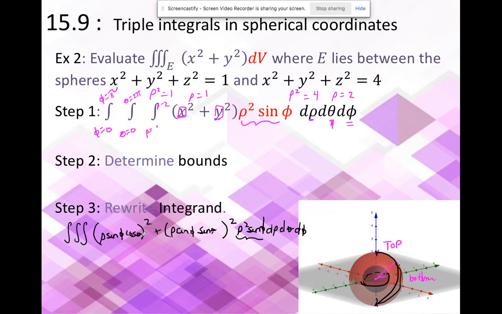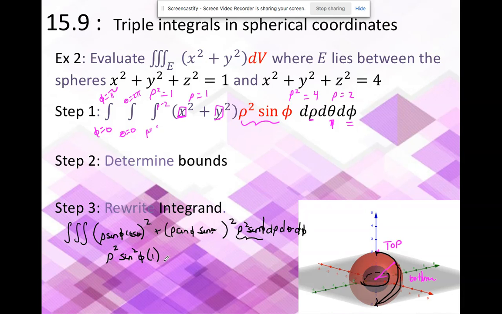Now, when I do the algebra, hopefully you can see you're going to get a sine squared and cosine squared. So I'm going to end up with a rho squared sine squared of phi times a 1. That comes from my cosine squared plus sine squared of theta.